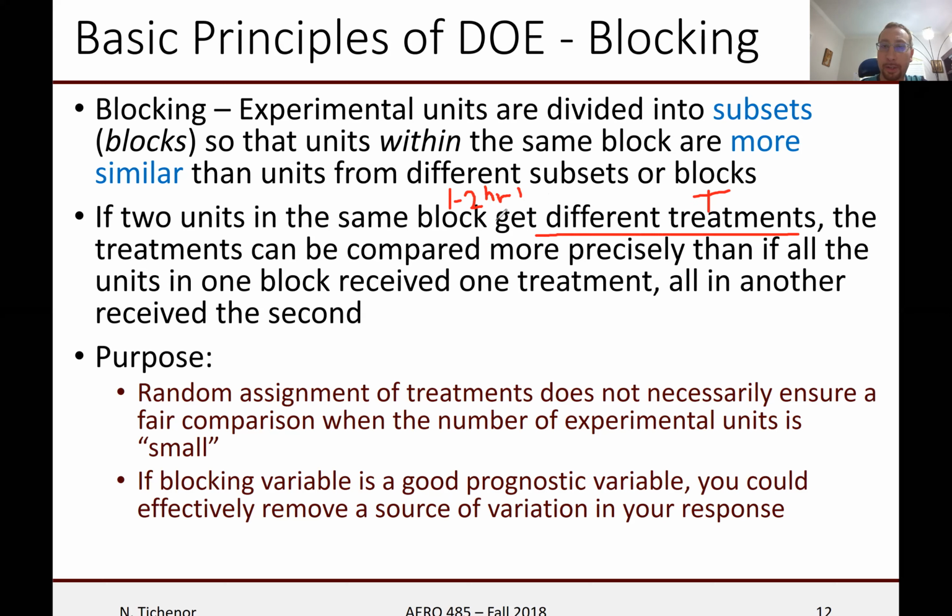But because this is a narrow range, we will have less variation due to time or duration of curing, and we can focus on temperature of curing to more precisely get the trends.